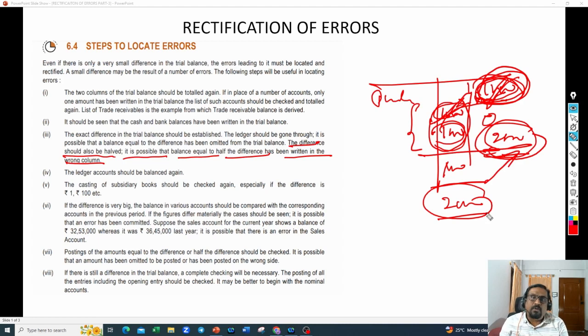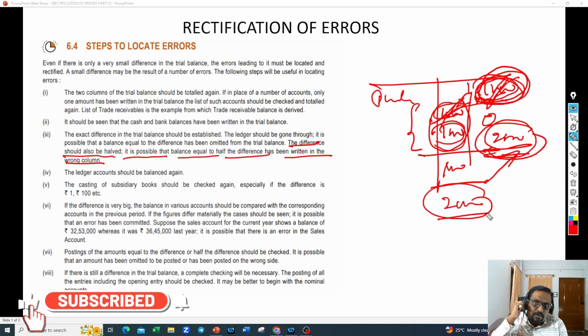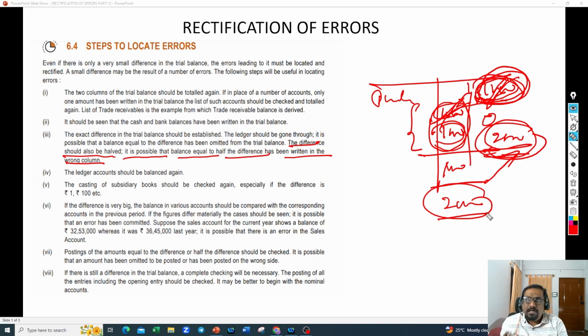So when you are locating the error, you should see whether you can locate the full value of the difference. If the full value cannot be located, at least see whether you will be in a position to locate half the value. Are you getting my point? First, see the full value of the difference, whether you can find a transaction missed out. That is the first option. Second option, if that is not available, see what the difference is, and whether you will be in a position to locate half of the difference.